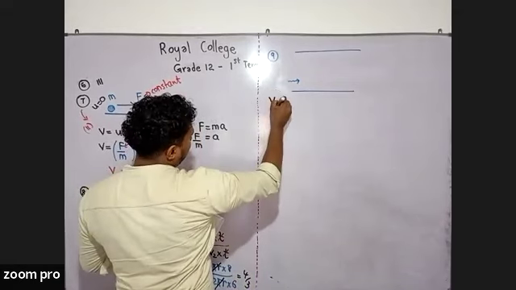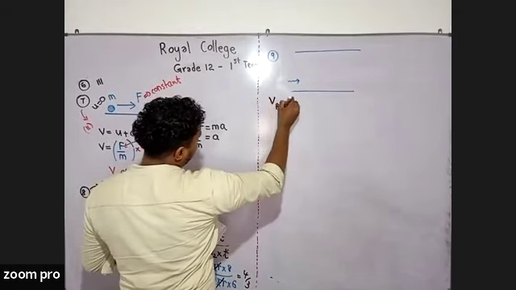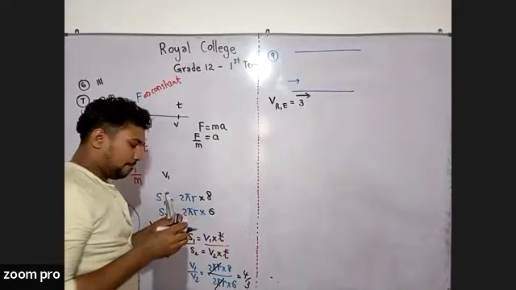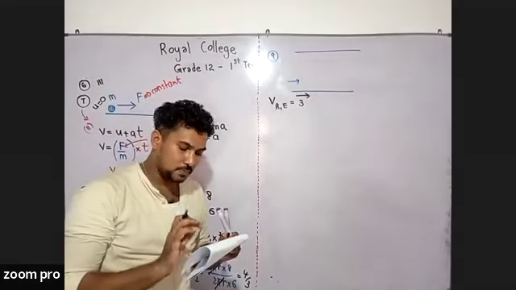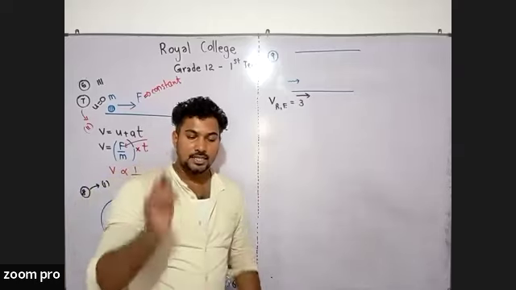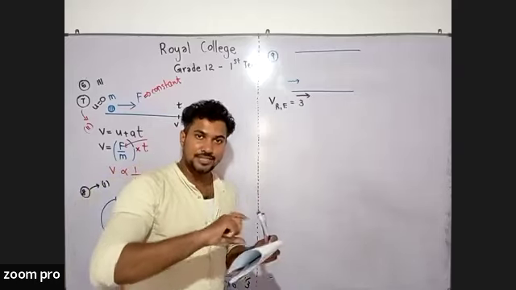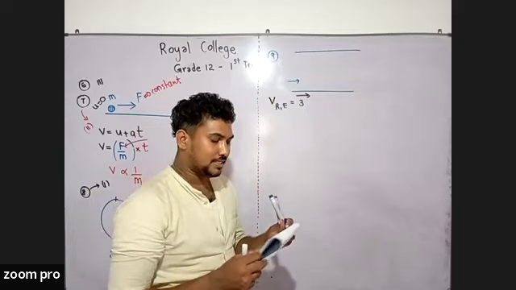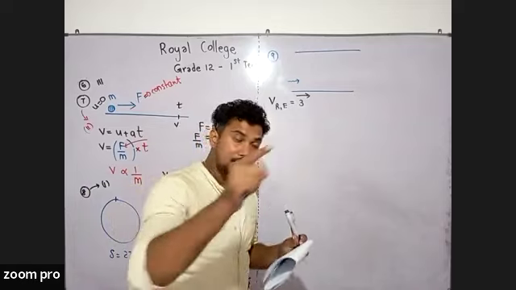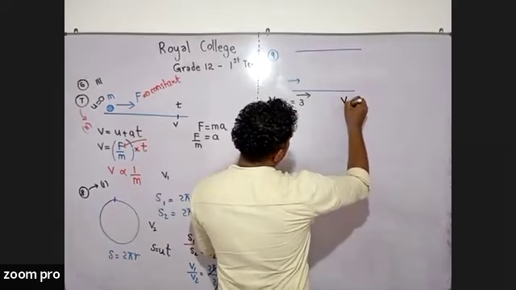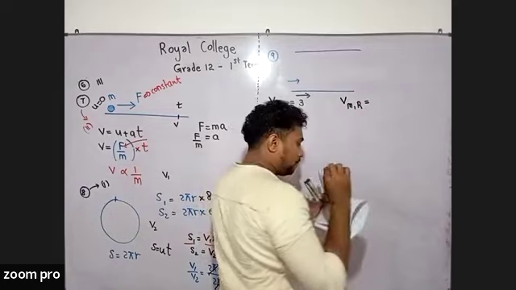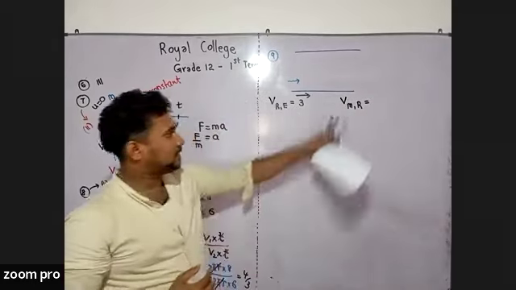Guys, that means the velocity of the river relative to the earth is equal to 3. A man who can swim at a speed of 2 in still water, right? Guys, keep in mind that if you're given this kind of wording, a man who can swim at a speed of 2 in still water, that means the velocity of the man relative to the river. That sentence has this meaning, right?